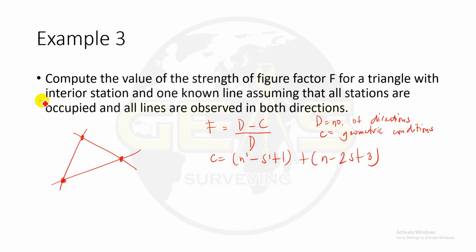With interior station. So here we have A, B, C, and D, and one known line. So let's put here a known line.